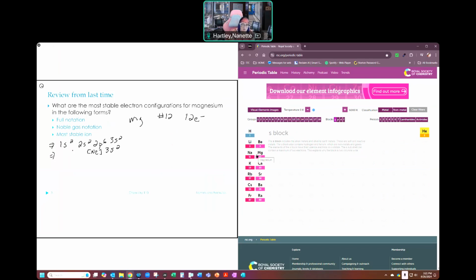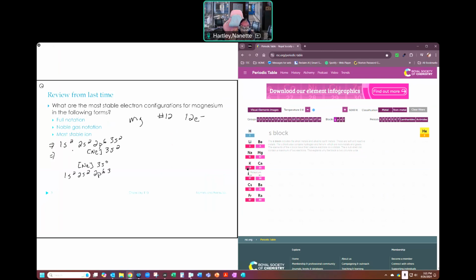And then we want to talk about its most stable ion. Now remember, when we talked about making an ion for magnesium, we said that it wanted to lose 2 electrons. We said that this guy right here would lose 2 electrons to become like neon, right? And so the electron configuration that we would have would either be listed as Ne, or as 1s2, 2s2, 2p6, or we could explicitly write this as neon 3s0.